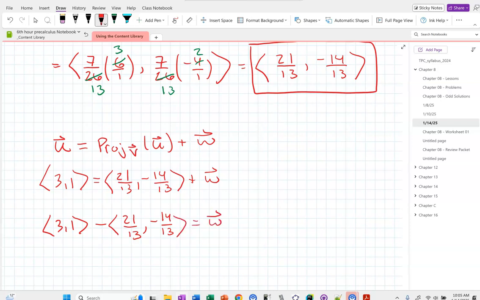Conceptually, it's the same thing. Okay, to subtract these two vectors, I just subtract the x components and the y components. But to subtract the components, I'm going to need a common denominator. So 3, I'm going to think about as 39 over 13, and 1 as 13 over 13.